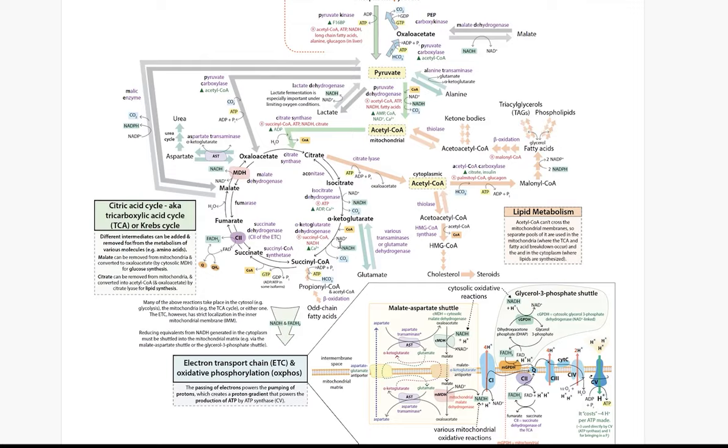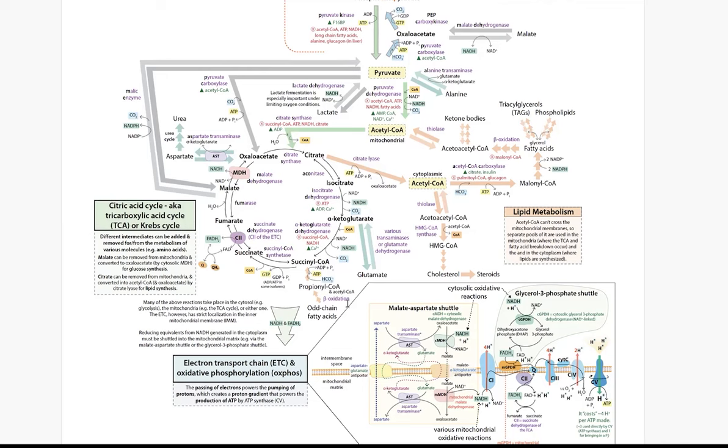You can feed in not just from the pyruvate, but also from amino acids. So glutamate will give you alpha-ketoglutarate. Aspartate will give you oxaloacetate. Then you can also take aspartate and use it to help you remove amino groups as urea.